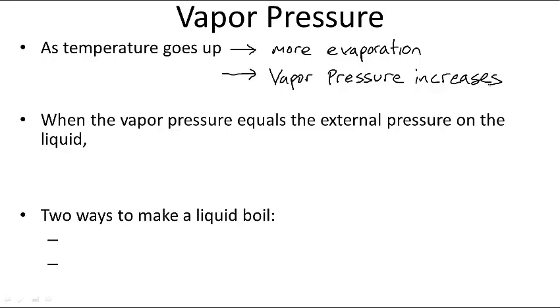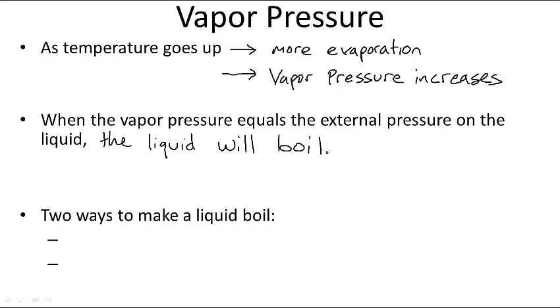But when the vapor pressure equals the external pressure on the liquid, what that will mean is the liquid will boil. So the boiling point is the point at which the equilibrium vapor pressure and the external pressure are equal.